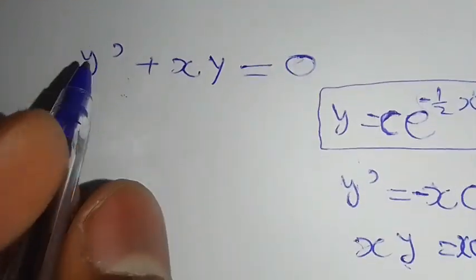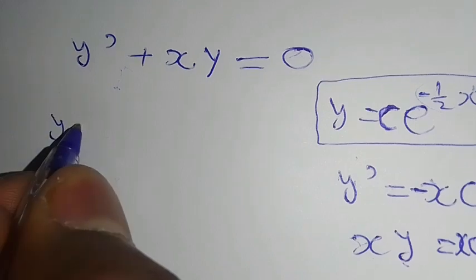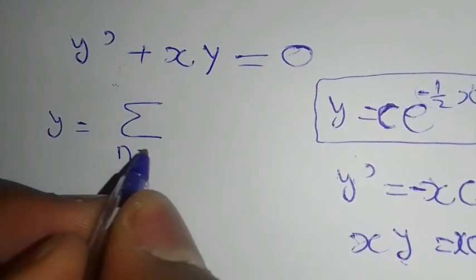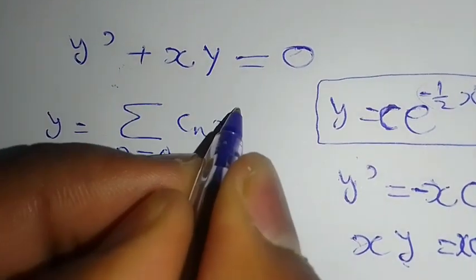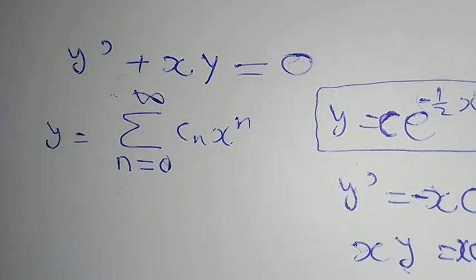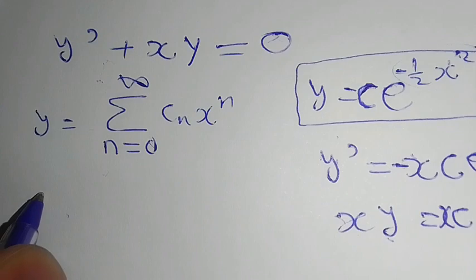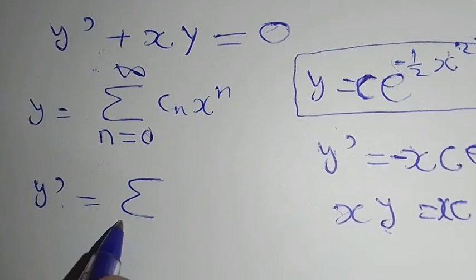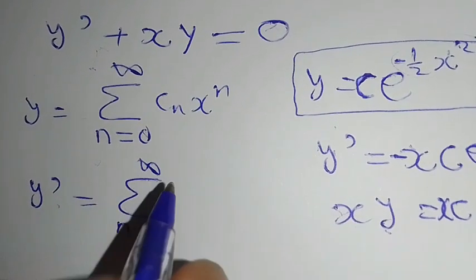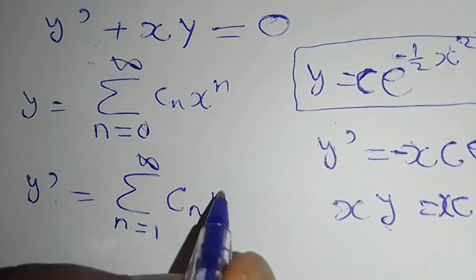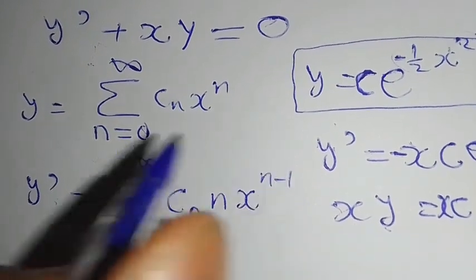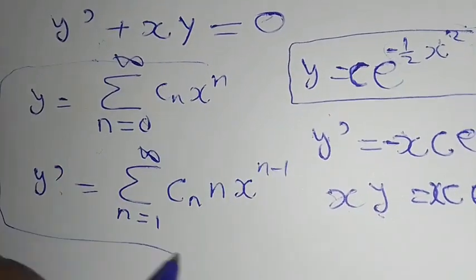But now we want to solve this one using the series method. So y equals the summation of cn x to the power of n, starting from 0 all the way to infinity. Okay, so if we look here, we only need to find y prime, and y prime basically starts from 1. We go to infinity, and then we just have cn multiplied by n multiplied by x to the power of n minus 1. So this is what we have.